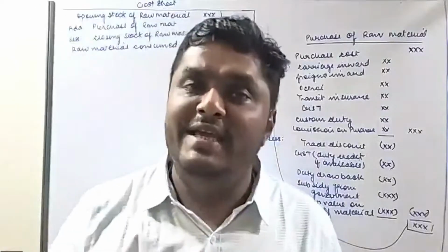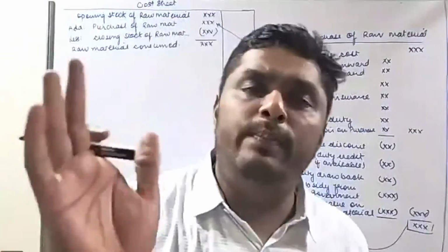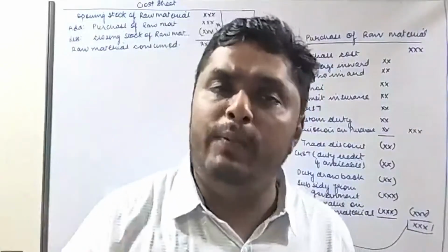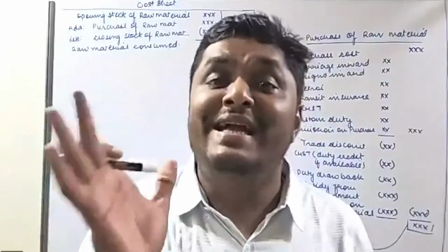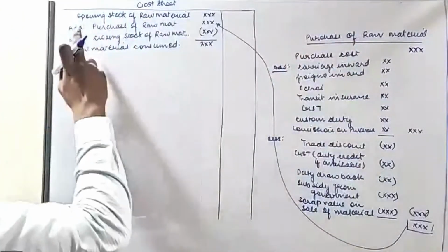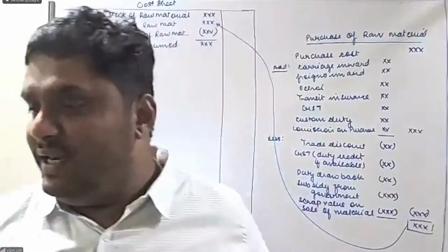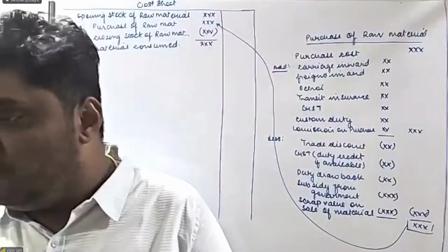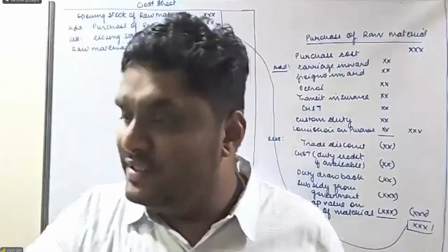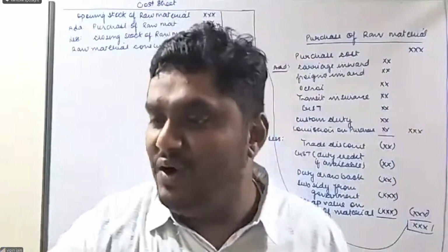I repeat again, all these items, see, both options are correct: you can put it in the working note also, you can put it in the cost sheet. But it is advisable to put all these items in the cost sheet, and this is how you will get the purchase price of raw material. If you have any doubts or queries, please post. I have discussed this cost of container, all these points in detail in material costing.